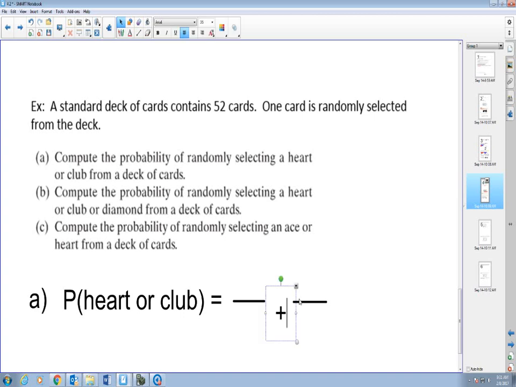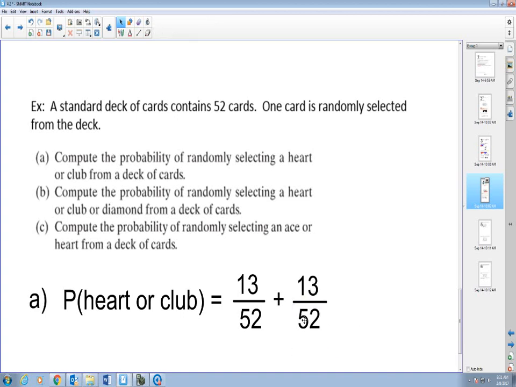So that means how many ways I can choose a heart. There are 13 hearts out of 52 possible outcomes. And how many clubs? There are 13 ways to choose a club out of 52 possible outcomes.